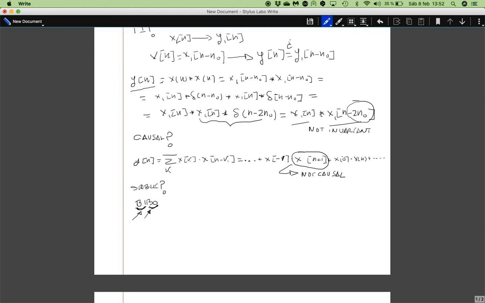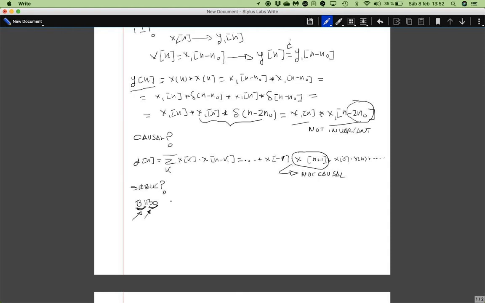That's my recommendation. Let's try to find a signal that is bounded, and we will see that this signal creates an unbounded output, and that's the demonstration.